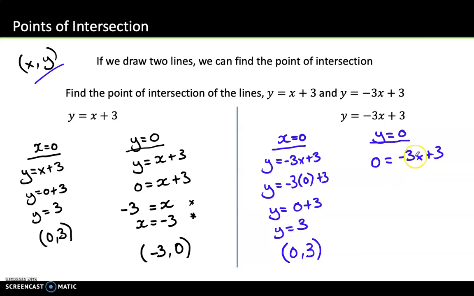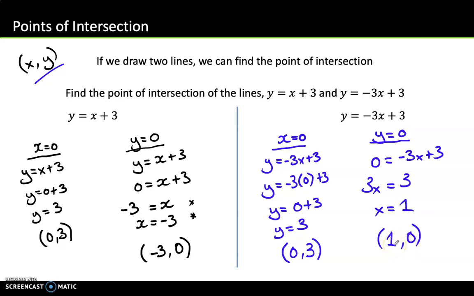That's what I'm doing. So I bring this minus 3x to the left, and it becomes a positive 3x. 3 is going to stay there. So 3 multiplied by a number is equal to 3. What is that number? That number is 1. So my point then is my x value first, which is 1, and my y value second.